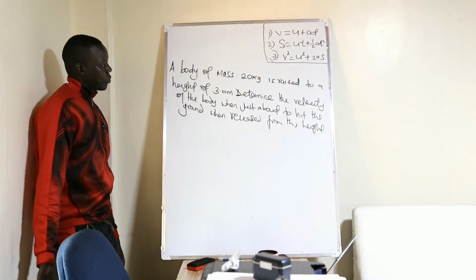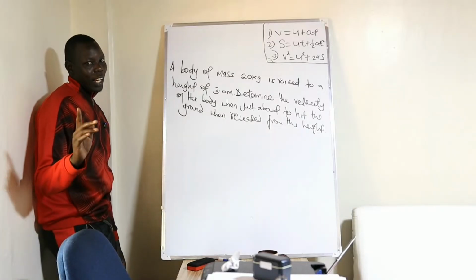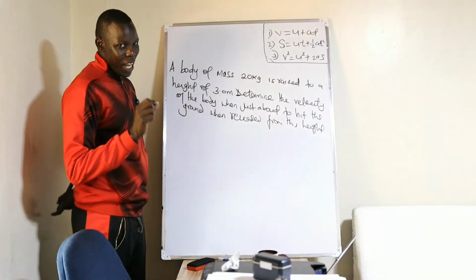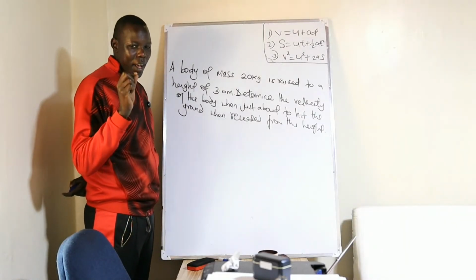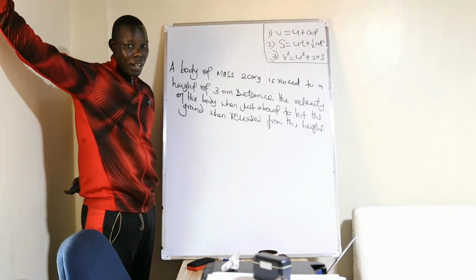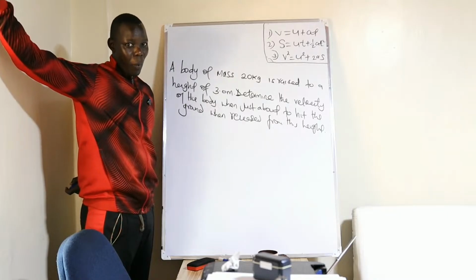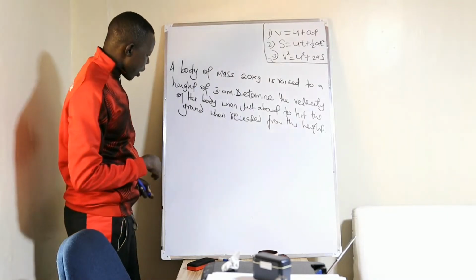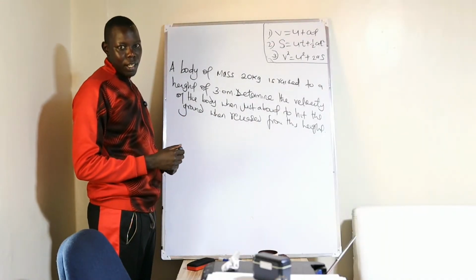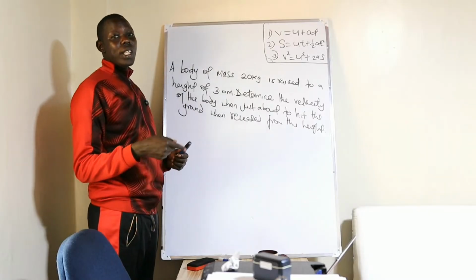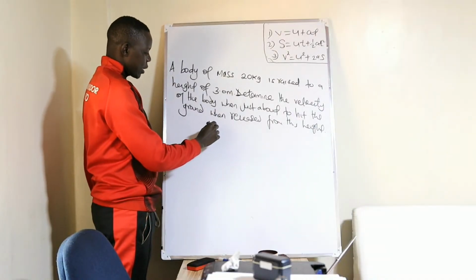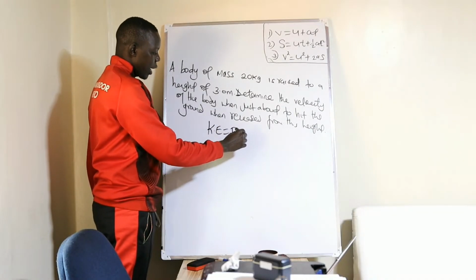In this case, we do the obvious method, which we are borrowing from another topic ahead: energy, work, power, and machines, whereby there is what we call kinetic energy, which is always equal to the potential energy of a certain body. So I will say kinetic energy is equal to potential energy.